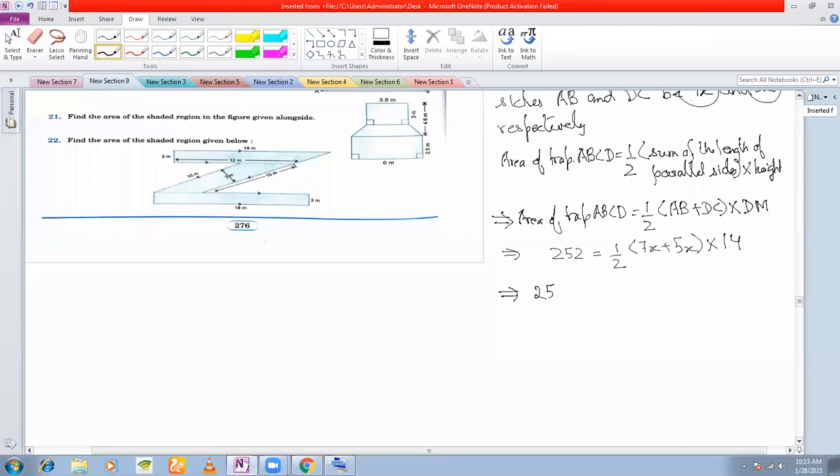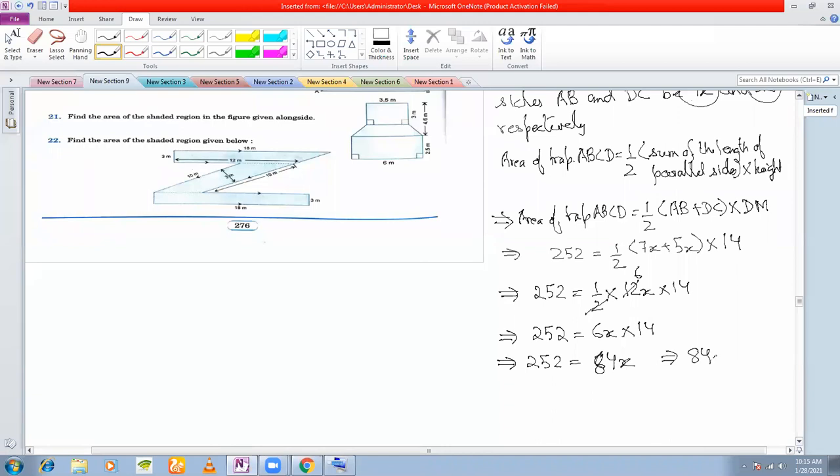So this is 252 is equal to half into 7x plus 5x is 12x into 14. Now you can cancel this 2 1 and 2 6. So this becomes 252 is equal to 6x into 14. That means if you multiply 14 and 6, you get 84.